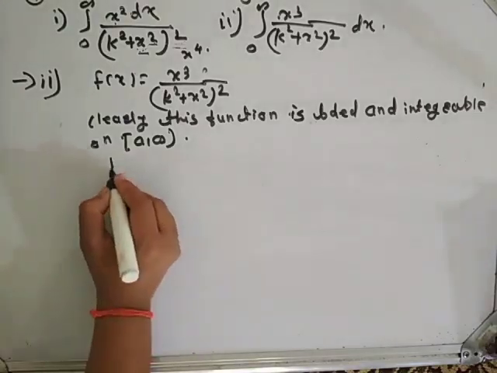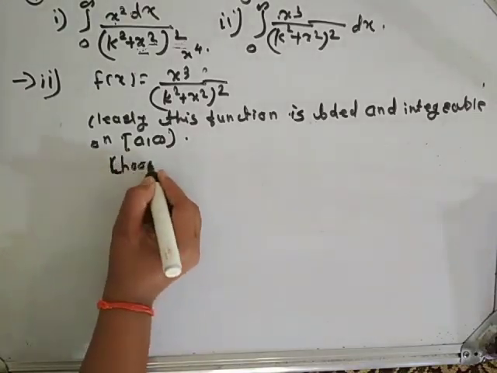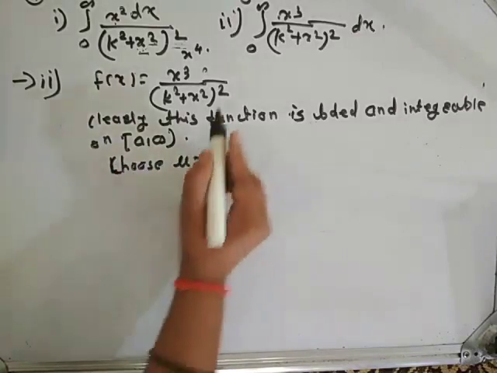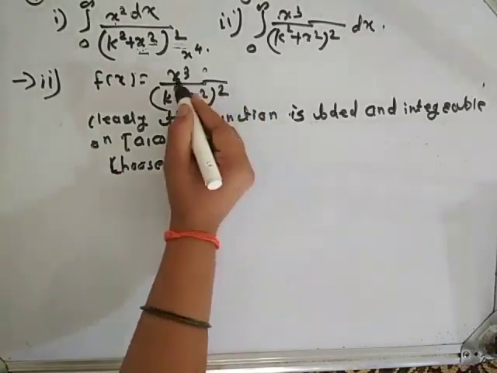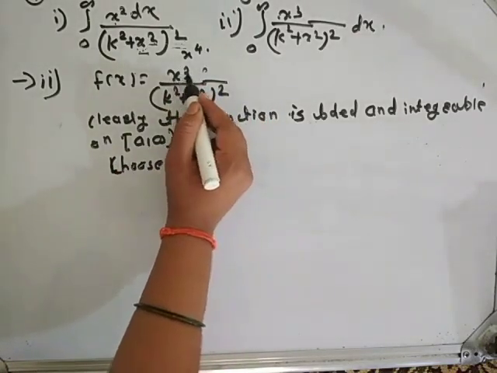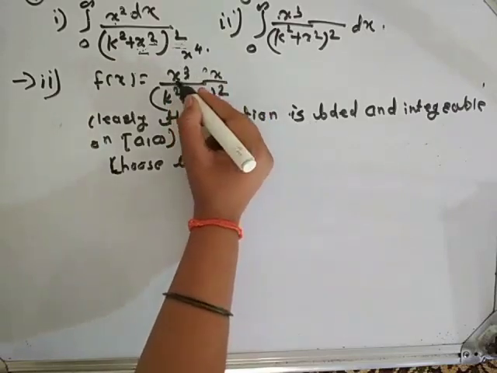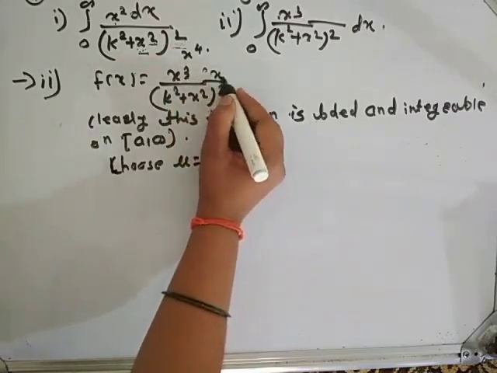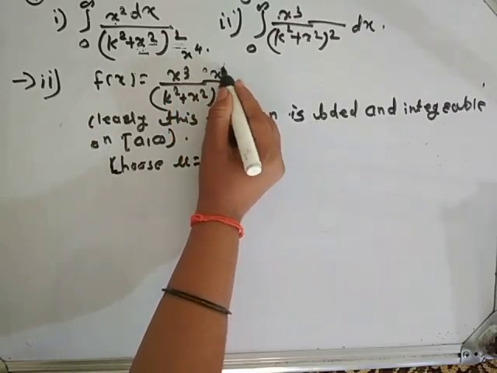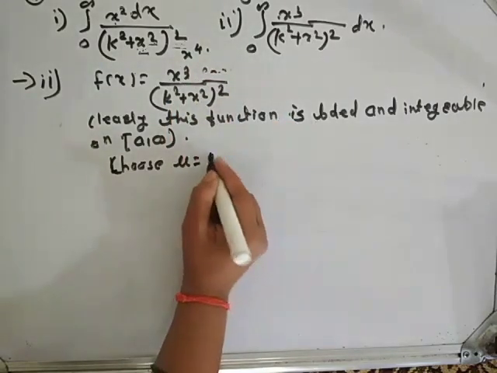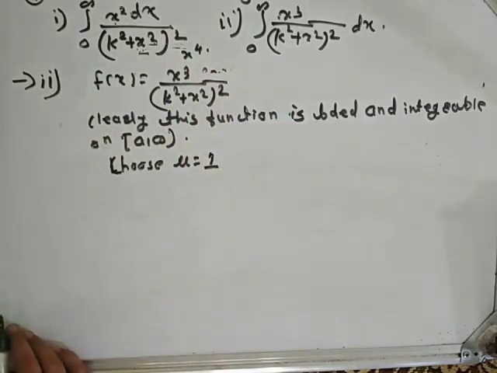Here we have to choose mu equal to. See here, power of x in the denominator is 4. Here power of x is 3. If we multiply the numerator by x, we will get power of x as 4. So we will choose mu equal to 1.